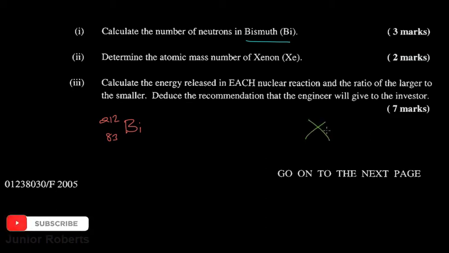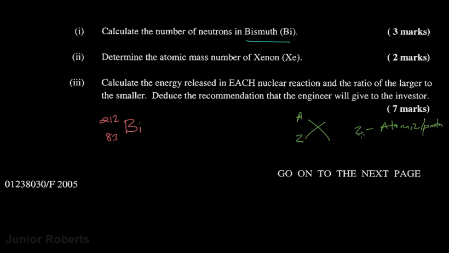Now we know from our atomic notation, let us say this is our element, the number here is Z, and this is A. Z is what we know as our atomic number, or number of protons. And A is what we refer to as our mass number, or number of protons plus neutrons.